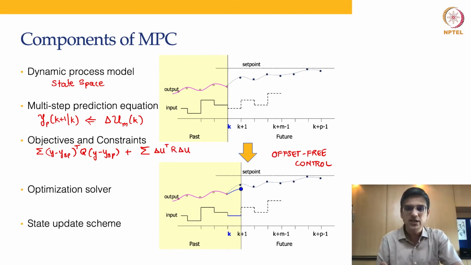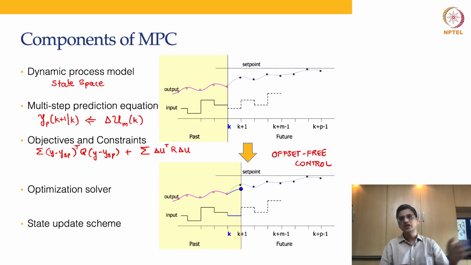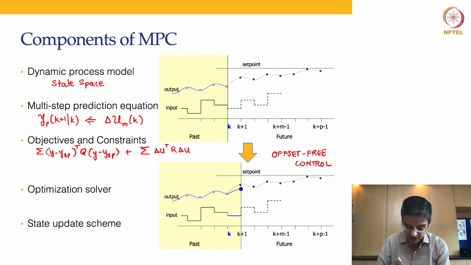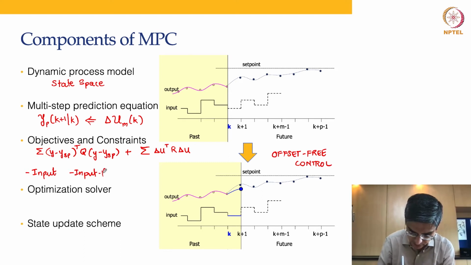Then the constraints, something that we have not spoken about since week number 7 at all, and constraints are one of the most important parts of MPC. The constraints that we are talking about are input constraints, input rate constraints, and output or state constraints.